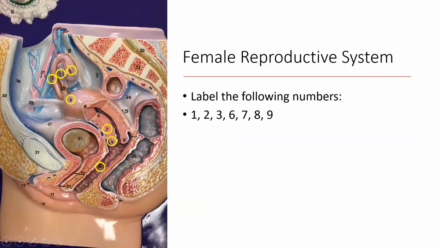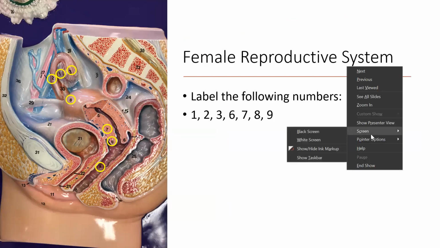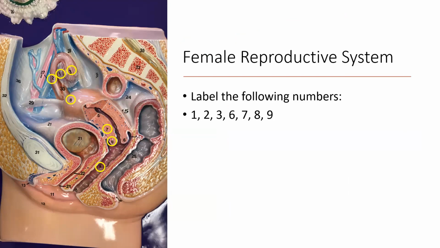Next we have the female reproductive system. Number one is the ovary. Number two is the fallopian tube. Number three, that's the little hair structure that guides the egg into the fallopian tube.